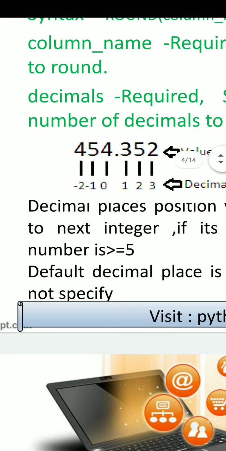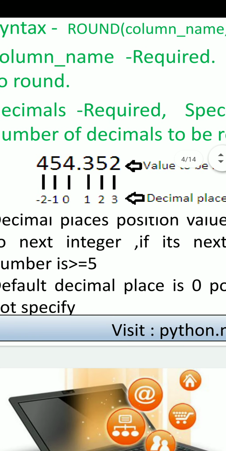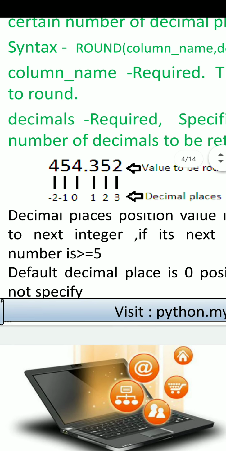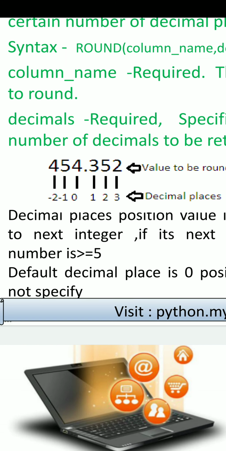Okay, in this example, if we want to find the rounded number at decimal place 0, at decimal place 0 its value is 4, and its right side value, that is 3 after the point, don't consider the point here. The next right side value is 3, that is not greater than or equal to 5.